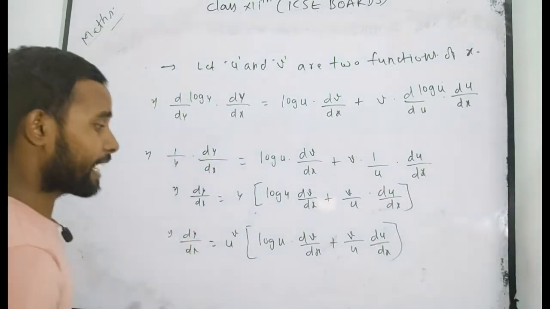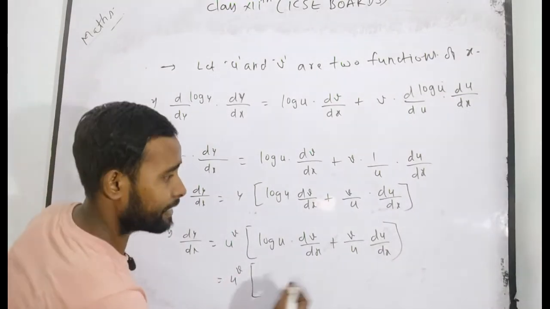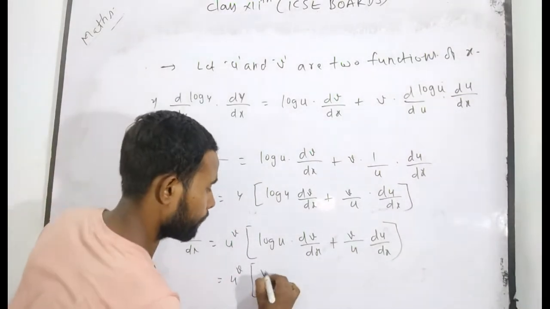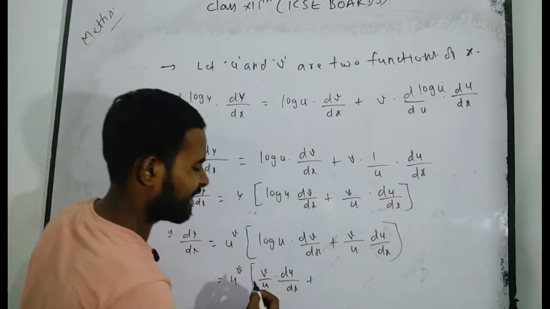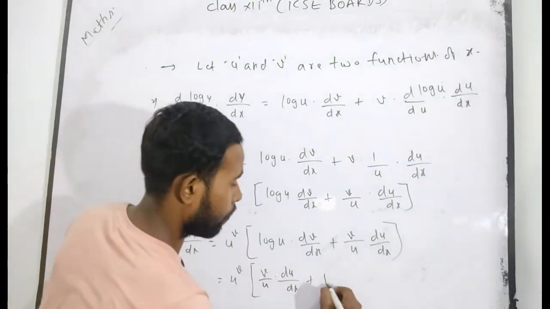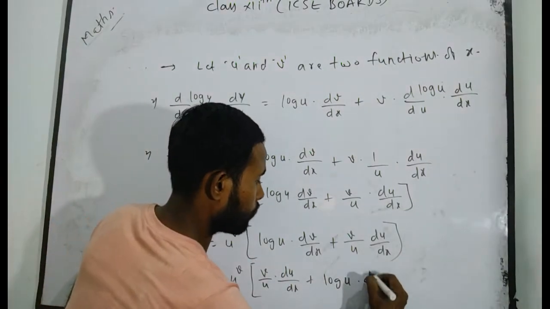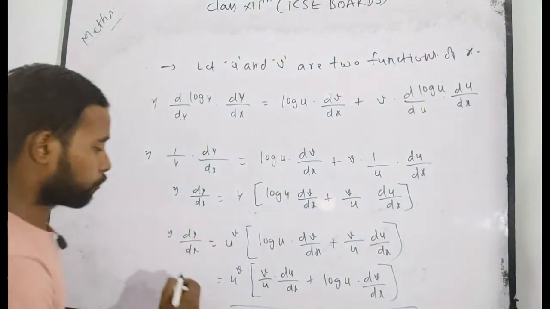For convenience, I want to write it as v upon u and differentiate u with respect to x, plus here there will be u, and again take log u into dv/dx. You can remember this formula.